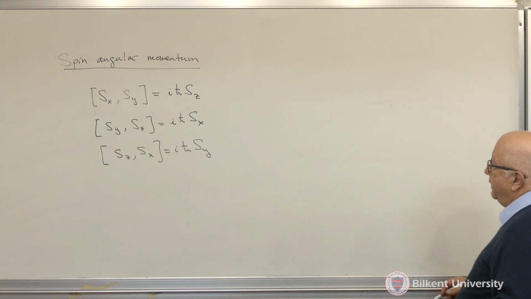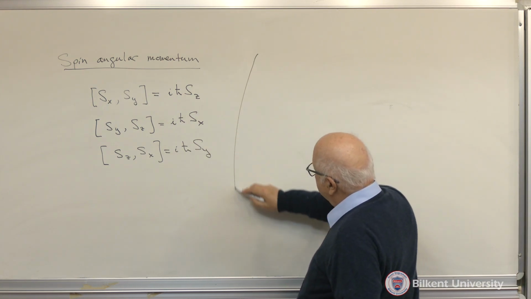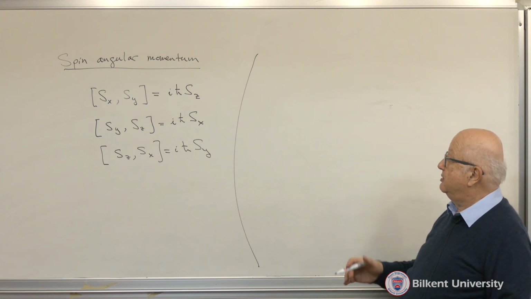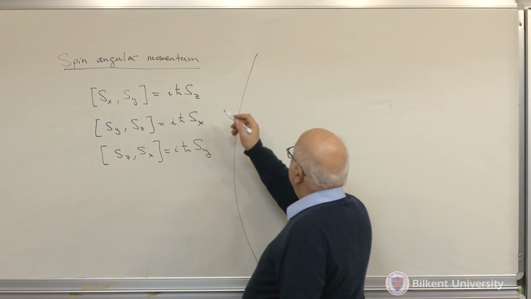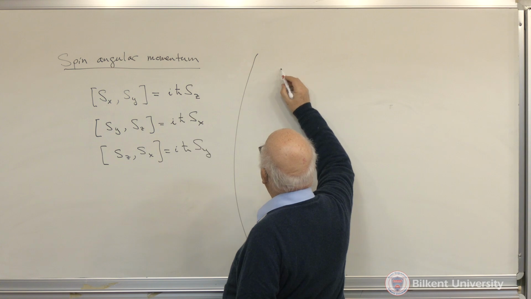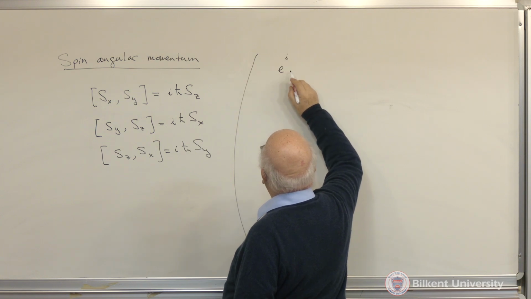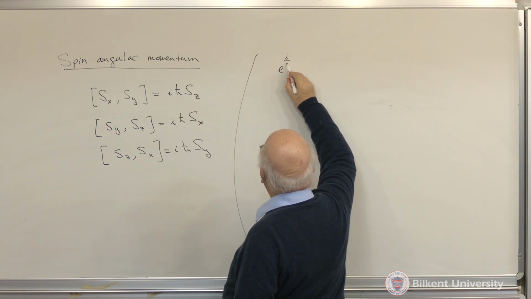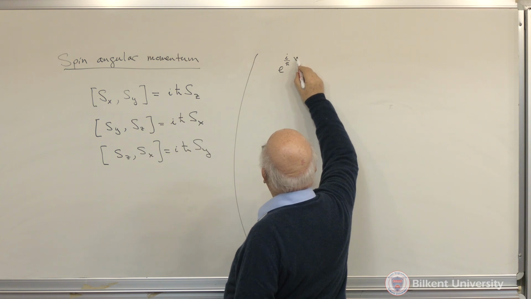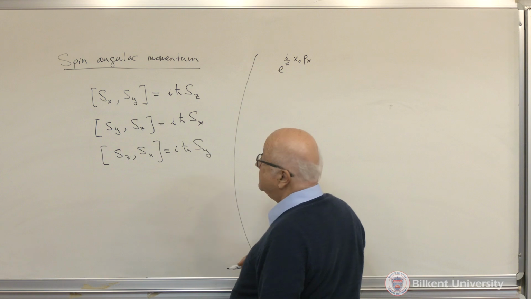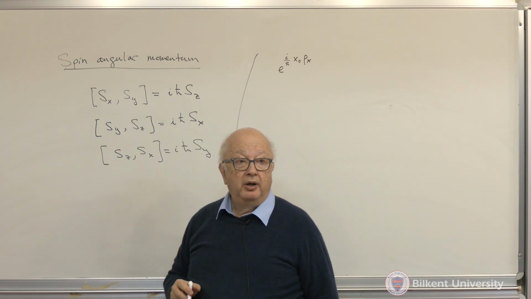Let me open a parenthesis here and show you something that's interesting. In fact, let's start with just translation. If I have an operator like this, e to the i over ħ, some constant distance x0 times p_x.